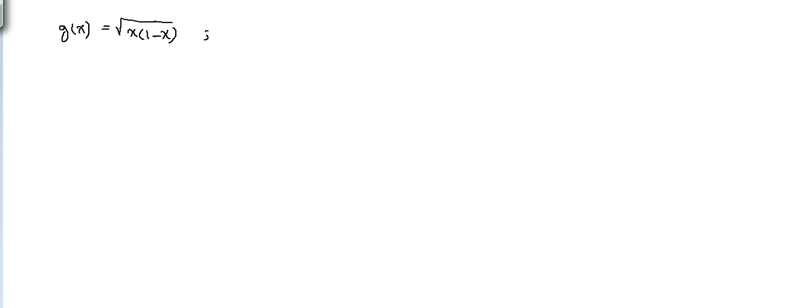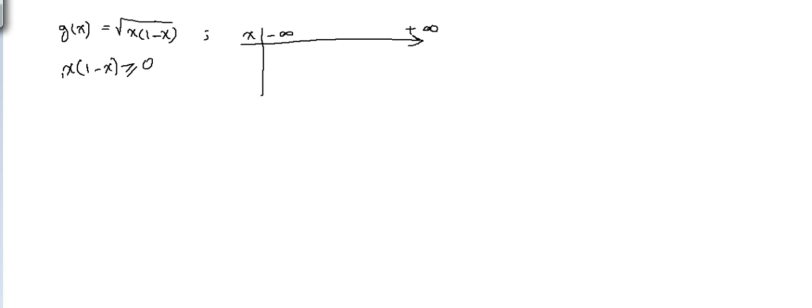So let's see. X times 1 minus x, we need it to be greater than or equal to 0. What does that mean? We can draw a table or a number line from minus infinity to plus infinity.